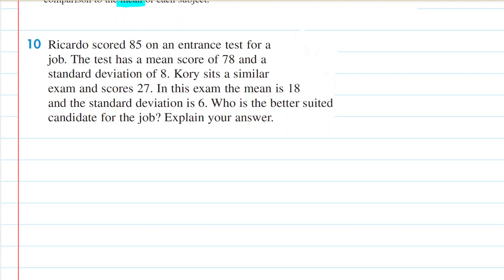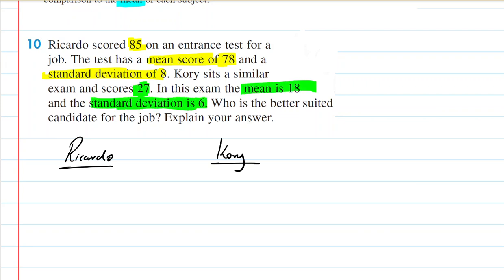So what we want to do is calculate Ricardo's z-score. I'm going to write Ricardo on this side and Corey on this side. I've got his score, the average, and the standard deviation. For Corey I've got the same thing: his score, his average, and his standard deviation. All I need to do is calculate the z-score for both of them.